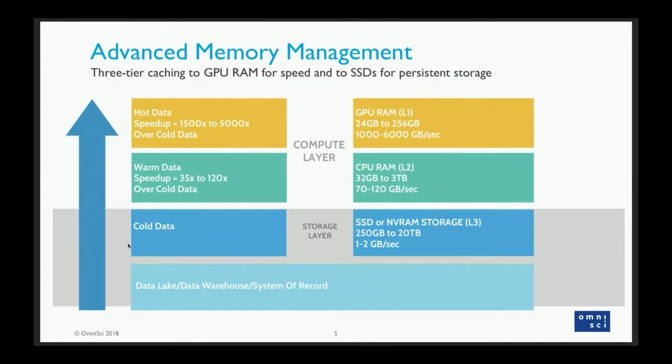Similarly, if you look at this memory bandwidth chart, the bottommost layer has the 7.2K RPM SATA drives, which are primarily used for creating your data lakes. Then you have the SSD layers that could be your flash, NVRAM, and things like that, typically giving you about 1 to 2 gigabytes per second.